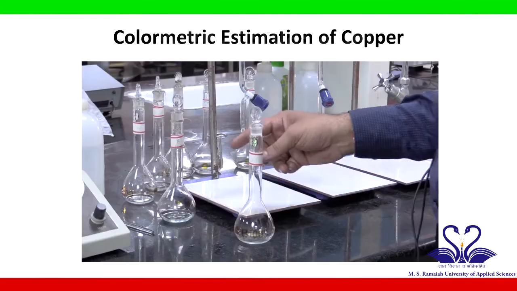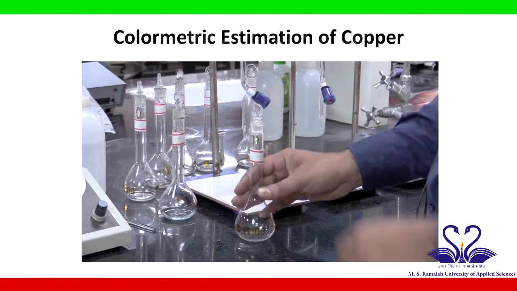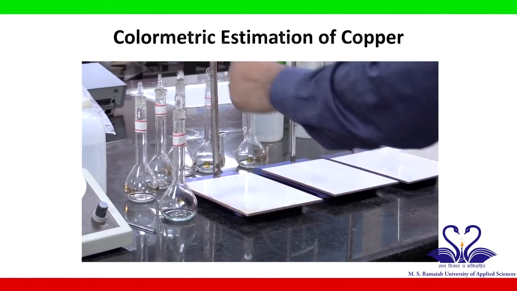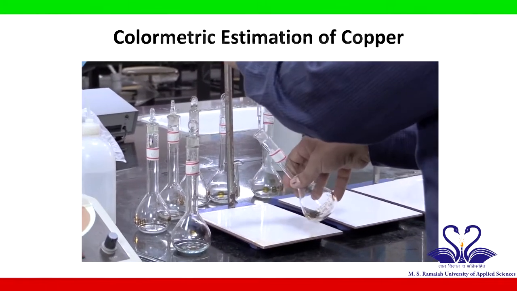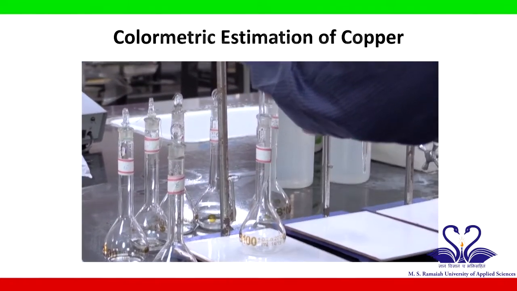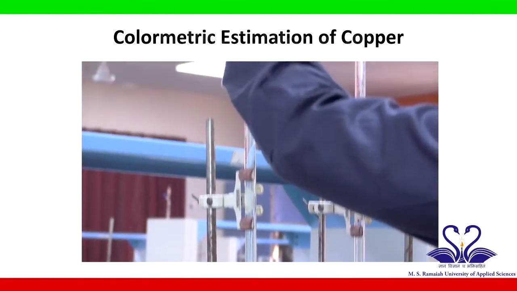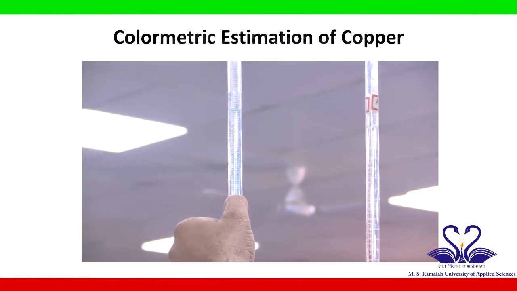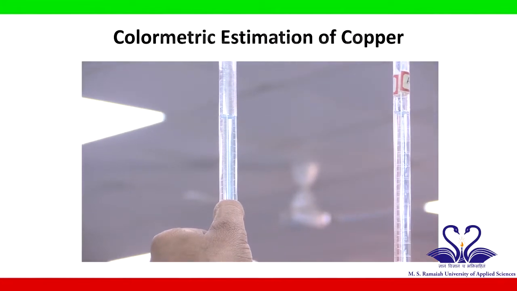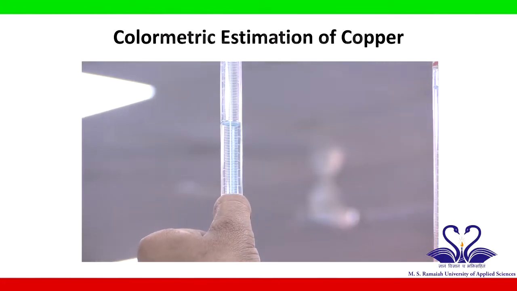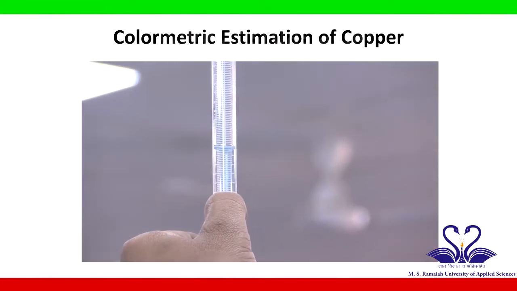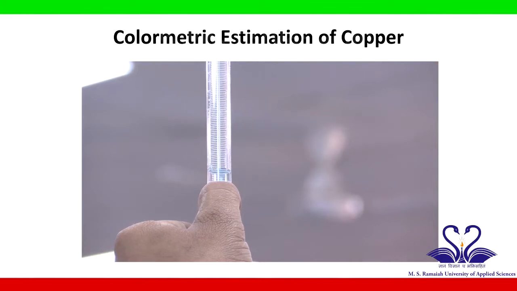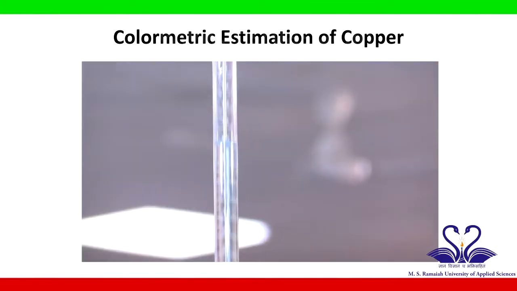So make it to the eye mark. The first flask I have filled with 5 ml. The second flask with 10 ml you have to fill. You have to fill it to 10. So it was 5. So now you have to fill it up to 15. So now we have transferred 10 ml to this flask.